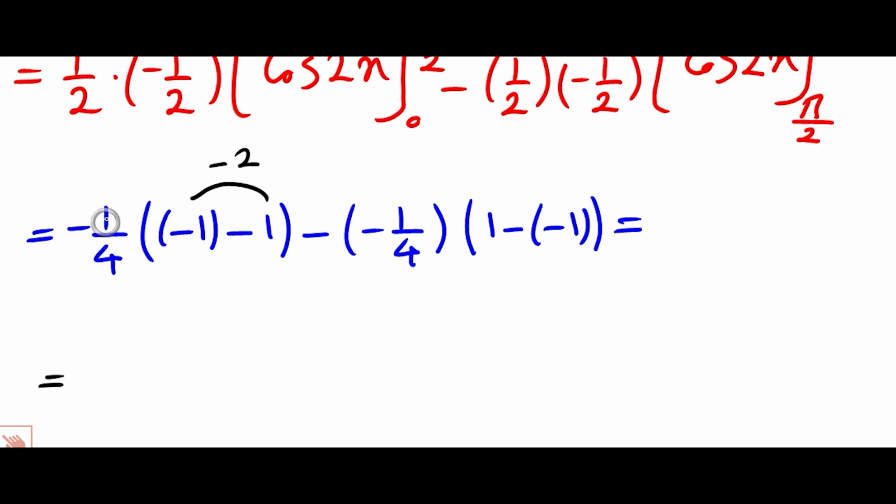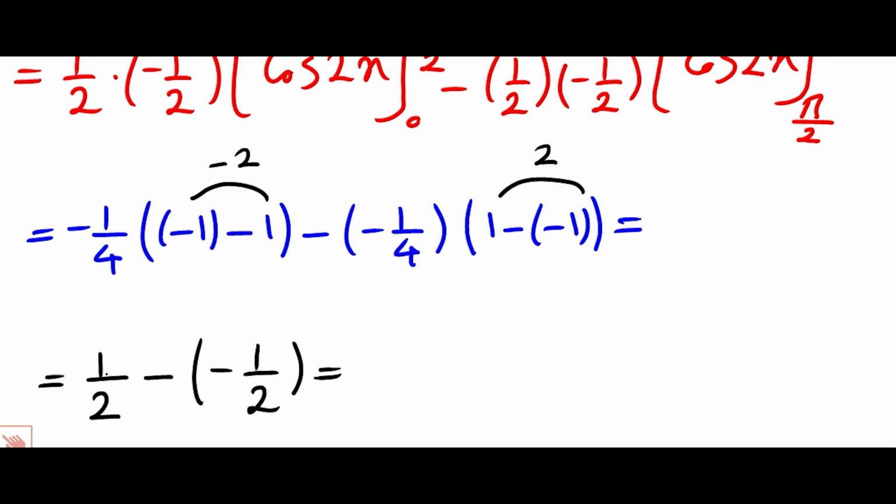So negative 1 over 4 times negative 2 is positive 1/2. Then 1 minus negative 1 is positive 2, so negative 1 over 4 times 2 is negative 1/2, and subtracting gives positive 1/2. So we have 1/2 plus 1/2 is 1.